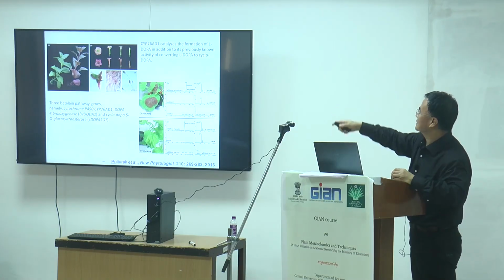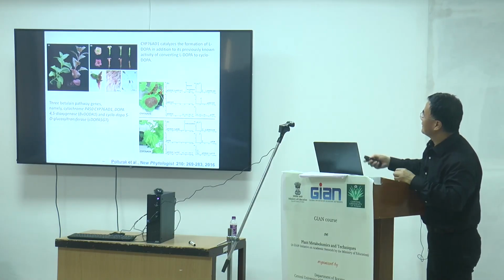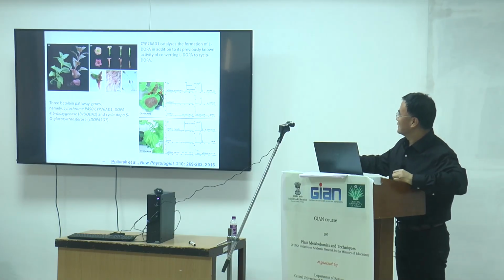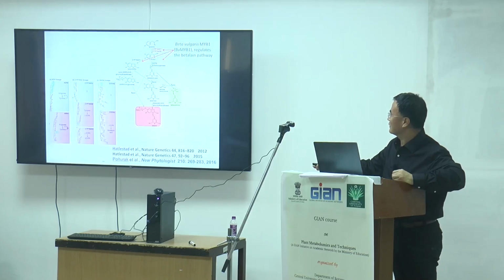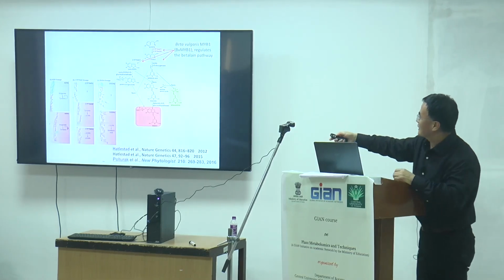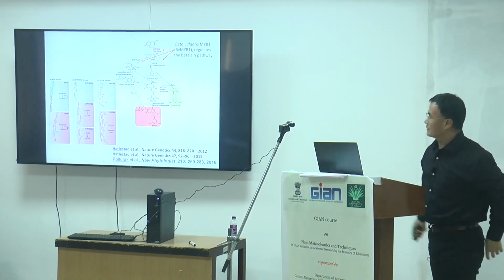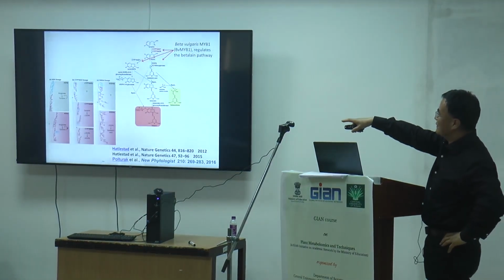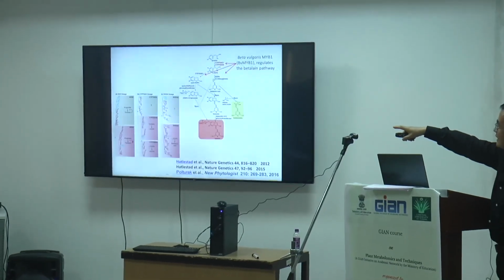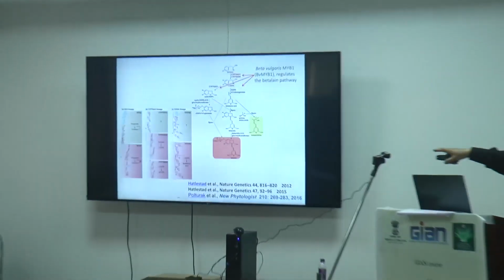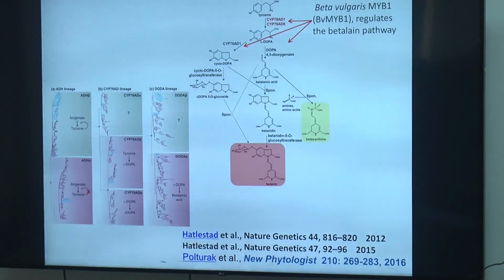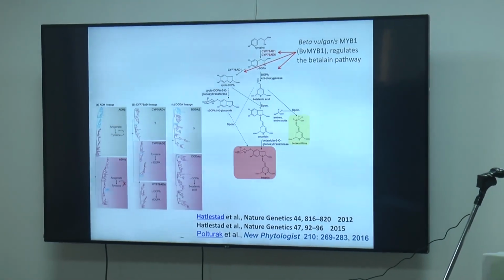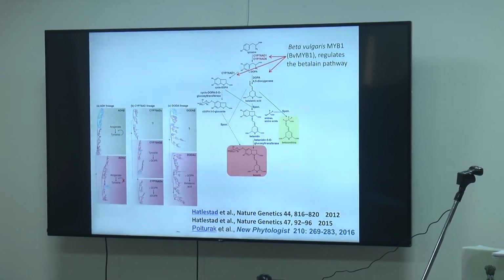They also confirmed that the two P450s, D1 and D2, are important, especially D1. Later on, they confirmed that on the left side, of the three enzymes, ADH alpha is very important, uniquely expressed in the betalain-accumulating plants.